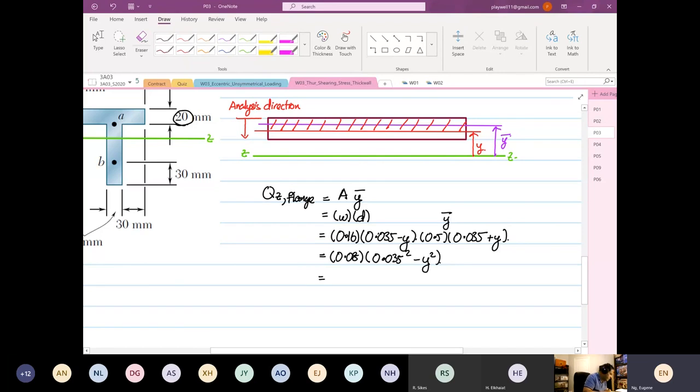So you have an expression for the first moment of area. There is 98 times 10 to the power minus 6, okay, minus 0.08 Y squared. So this is your equation number 1.